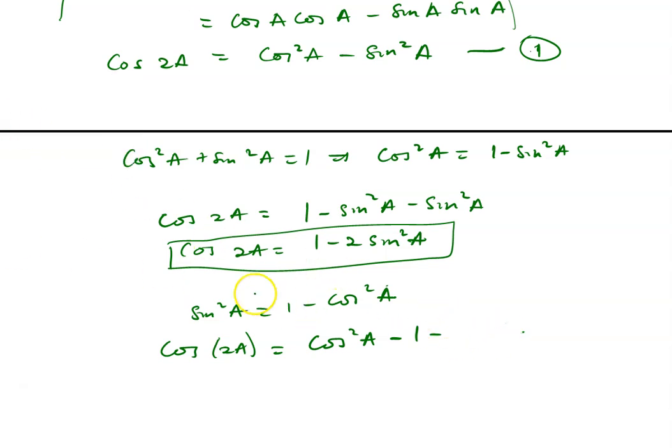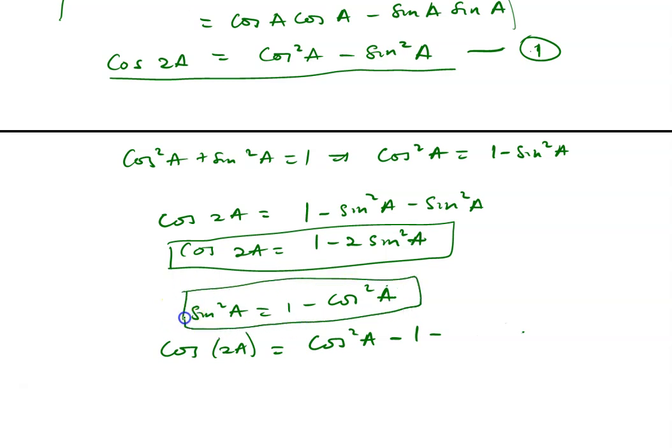So I'm saying that if I have cos 2A equal to cos squared A minus sine squared A, I can make sine squared A the subject over here and place it into that equation, equation 1.